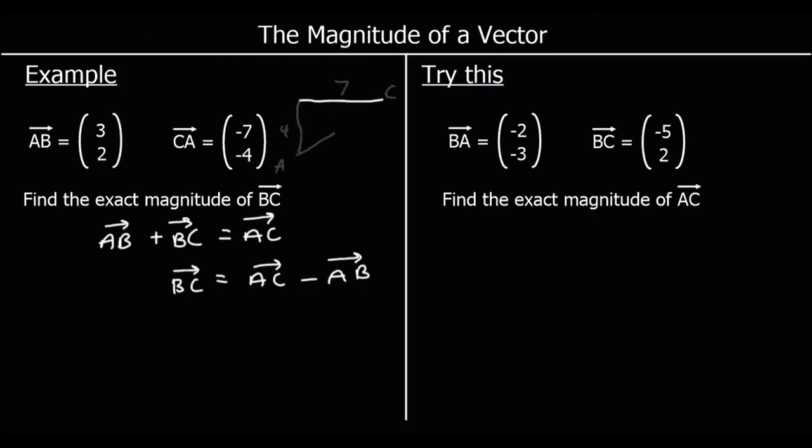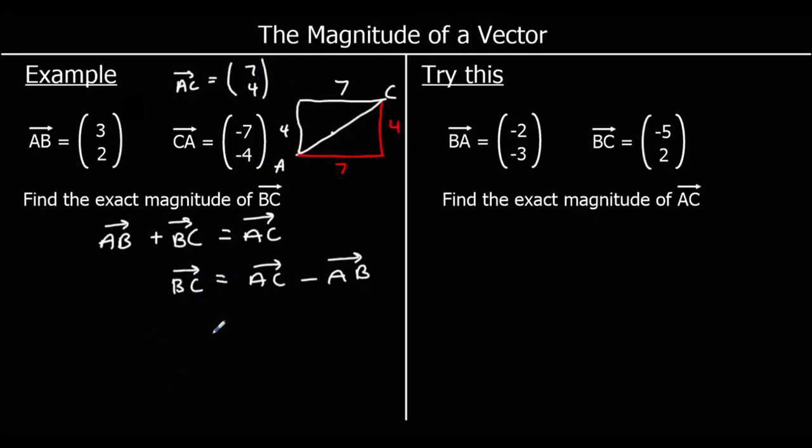From A to C, we're going right 7 and up 4. So A to C is this but negative. When we go backwards along a line, it's the same but negative. So A to C is 7, 4.